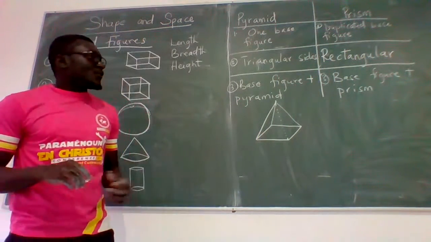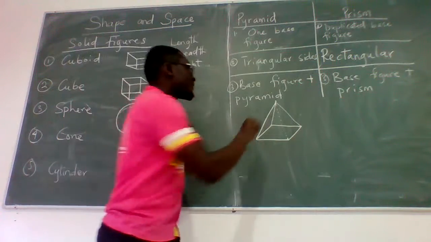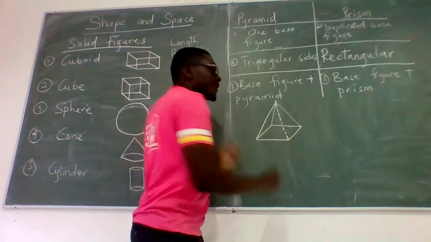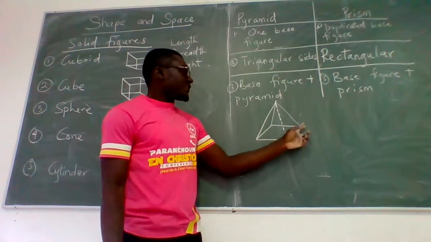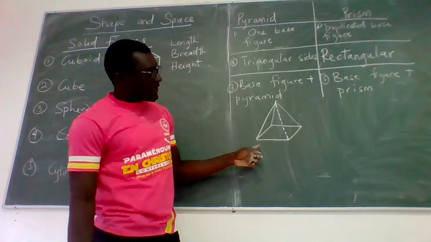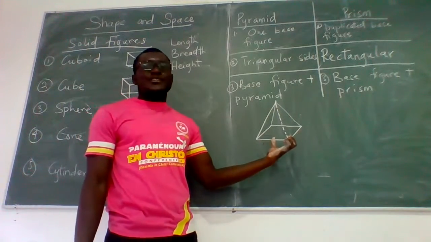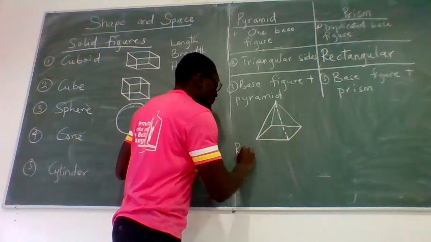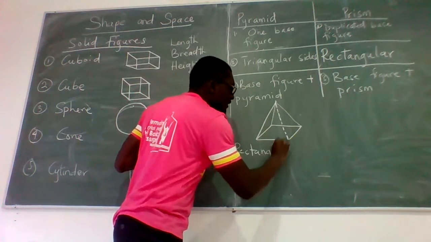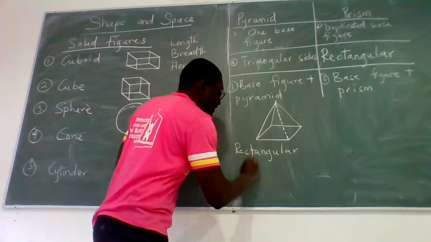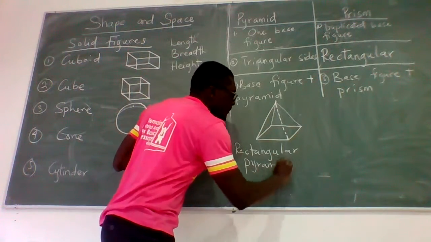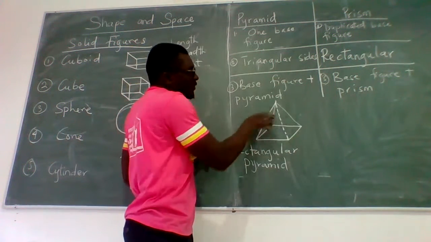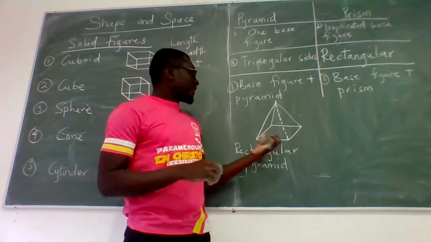Okay. So when you look at this figure drawn here, we can see the base shape here as, let's say, a square or a rectangle. So if you see it as a rectangle, then this figure is going to be called a rectangular pyramid. And it is a pyramid because when you look at the sides here, you can only see triangles.